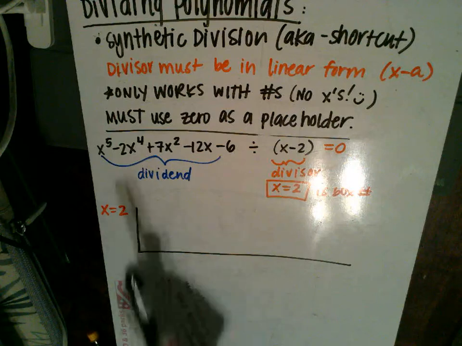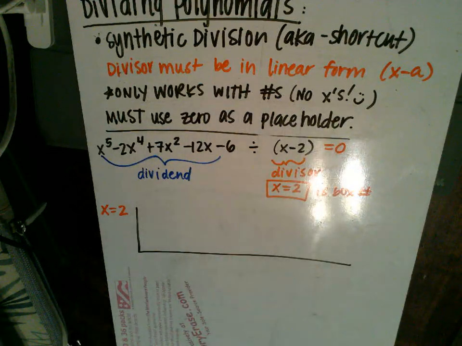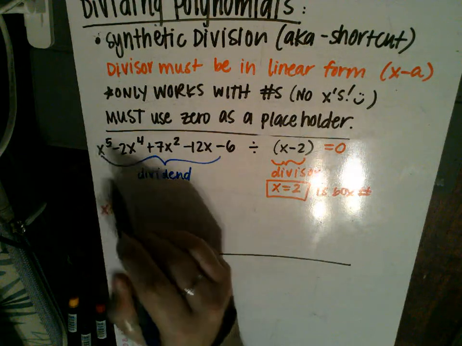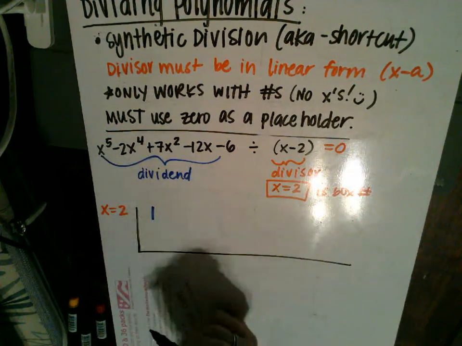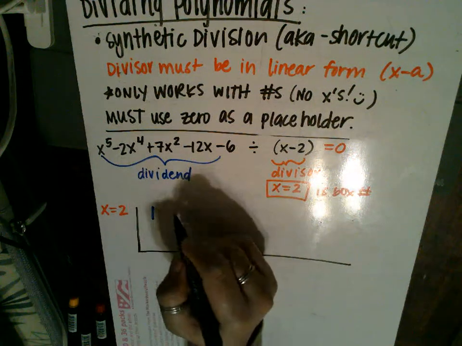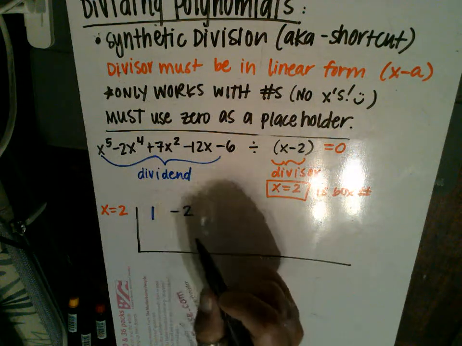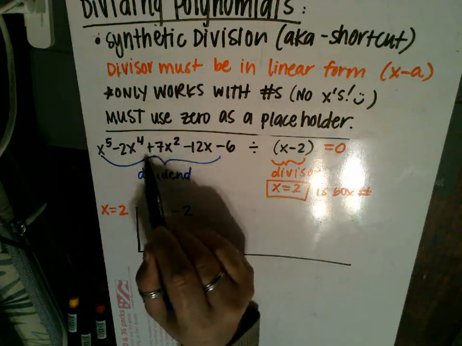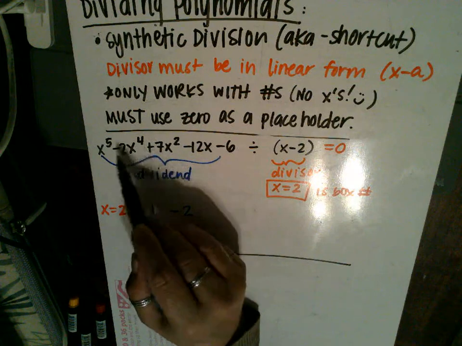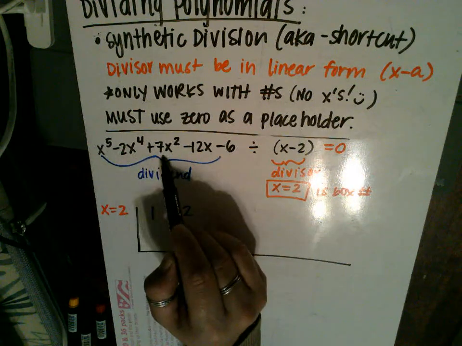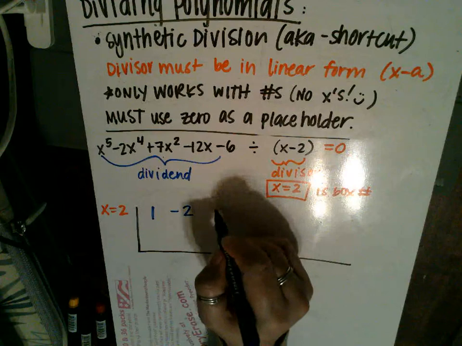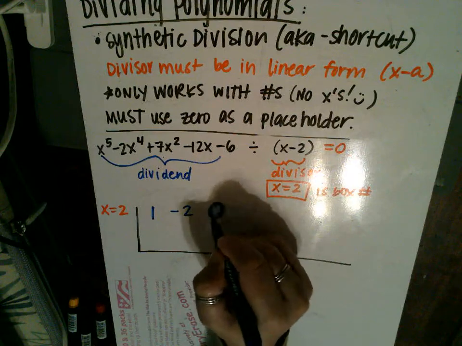Now remember, I have to use 0 as a placeholder if I'm missing a term. So my dividend is x to the 5th. The coefficient of x to the 5th is 1. Minus 2x to the 4th is minus 2. There is not an x to the 3rd term. X to the 5th, x to the 4th, x squared. It's missing x to the 3rd. So I need a 0 placeholder.